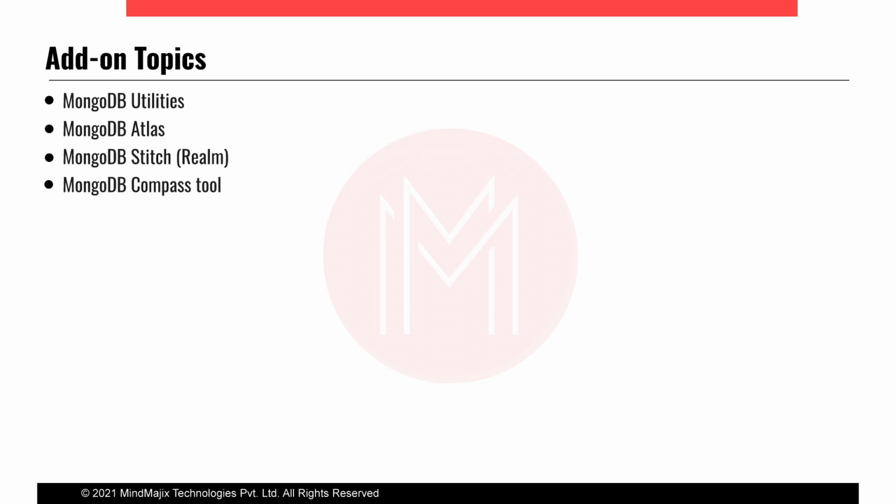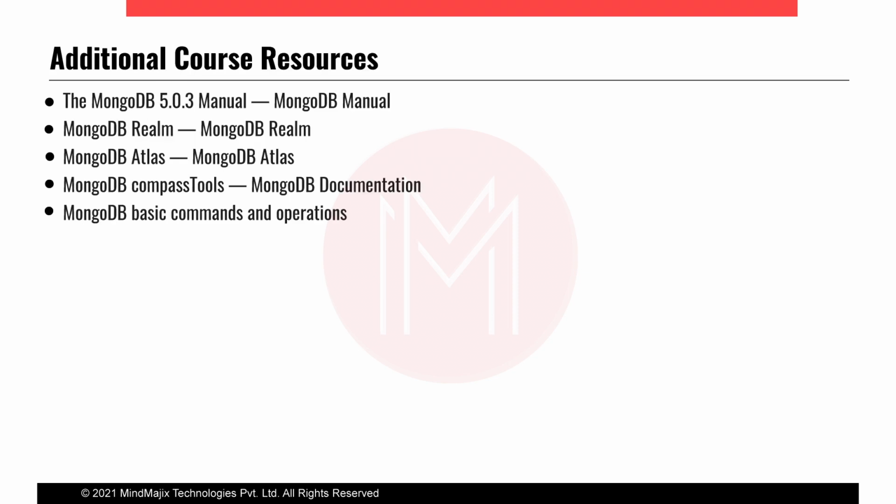Then Atlas, Stitch, and the Compass tool are the things we are going to discuss. We can handle different scenarios and different environments, with interactions between the front end and back end. Everything will be supported for these topics, so it is easy to approach.